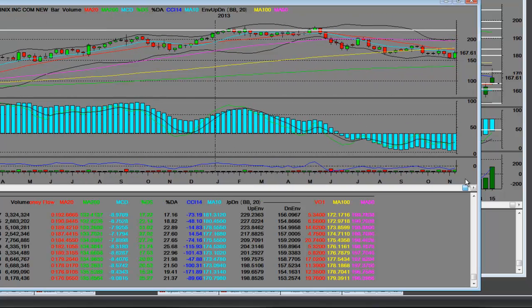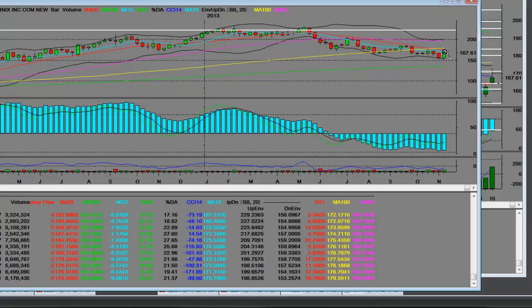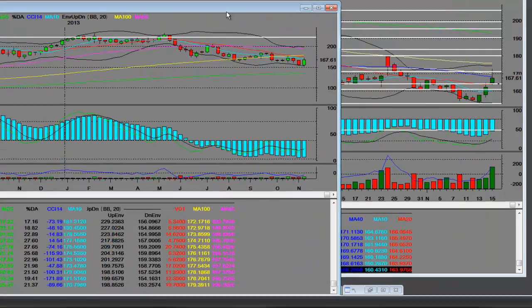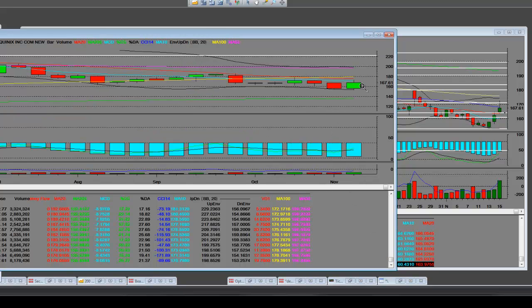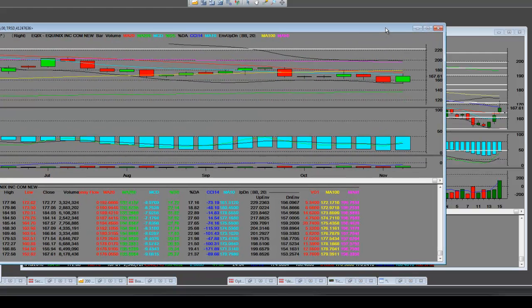Now, let's just take a look at the weekly. The chart that you see here is the daily piece of that last downside move with the turn of the public indicators. We are now approaching major resistance levels in all of the key weekly moving averages.